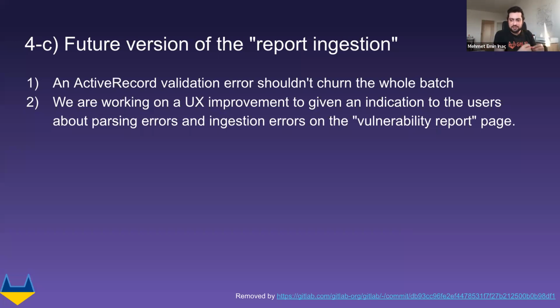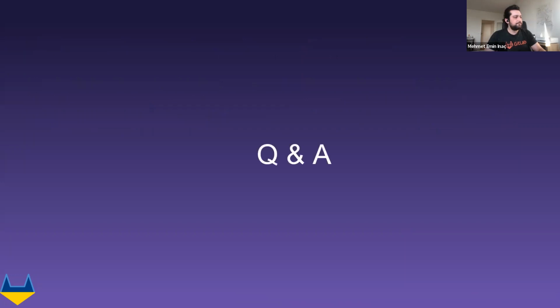We already have this in the pipeline security tab, but we have an issue to show a warning message on the vulnerability report page, which gives a link back to the pipeline security tab, so users can easily check what the error was.